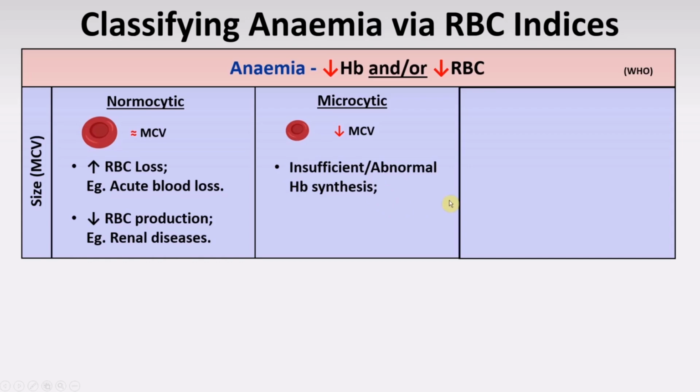Right? So what are the potential causes of microcytic anemia? It can be, for example, when there's iron deficiency. So when there's insufficient iron, you can't produce enough hemoglobin. That's when you can't fill up the red blood cells sufficiently, and the red blood cell appears smaller than usual.